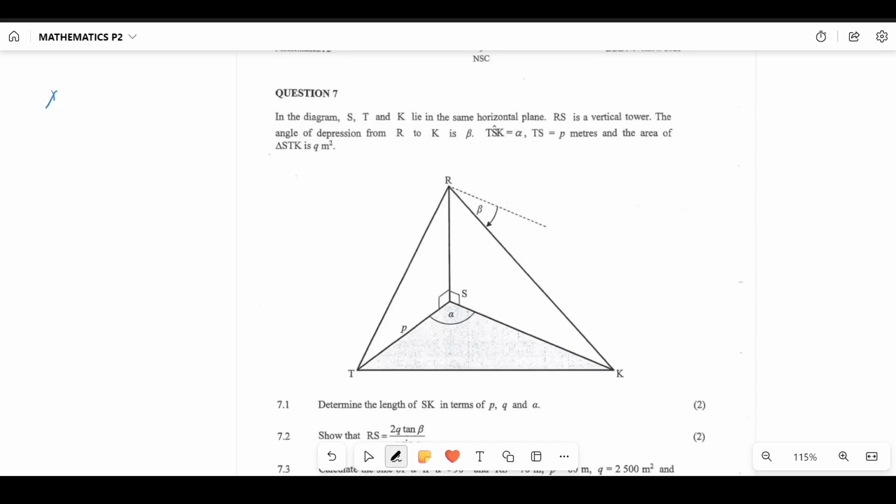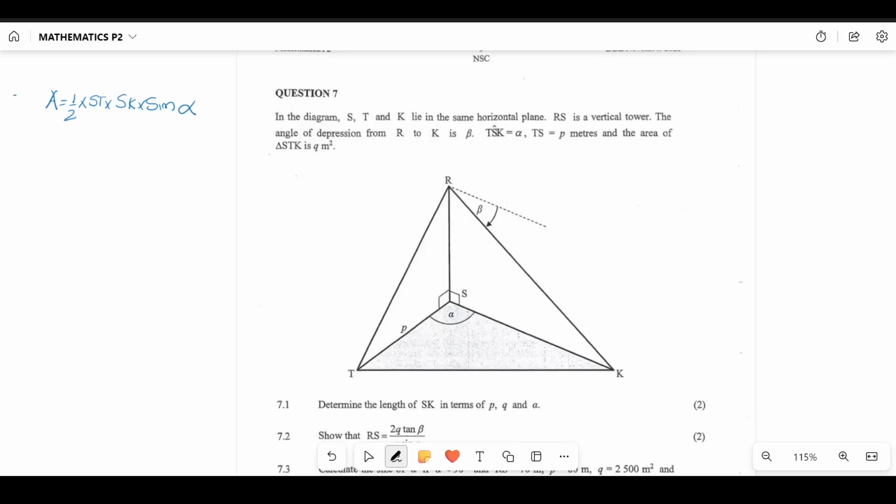So let's start by writing the area of triangle STK. Because triangle STK is not a right-angled triangle and we don't have any height, we use the area rule: half times the two sides between angle alpha, which are ST times SK, times sine of angle alpha.